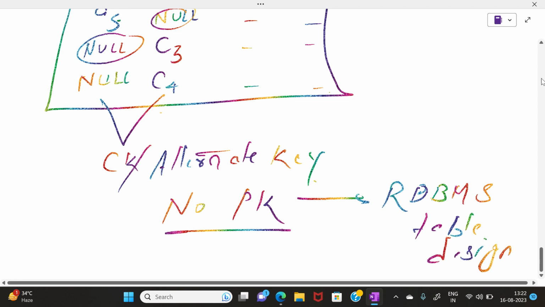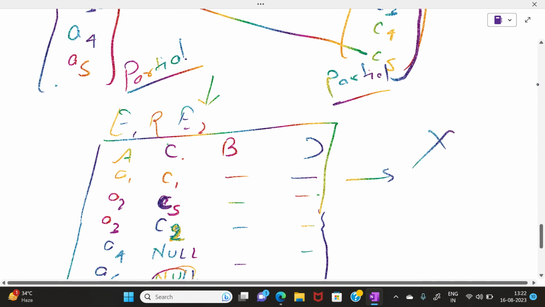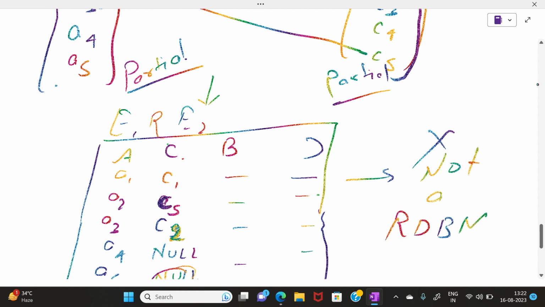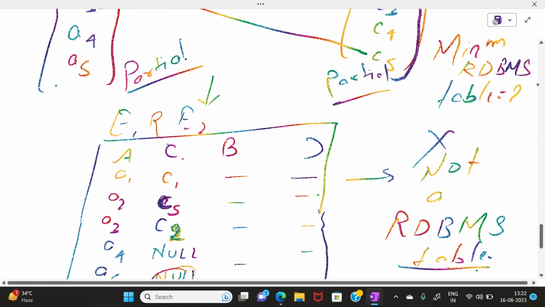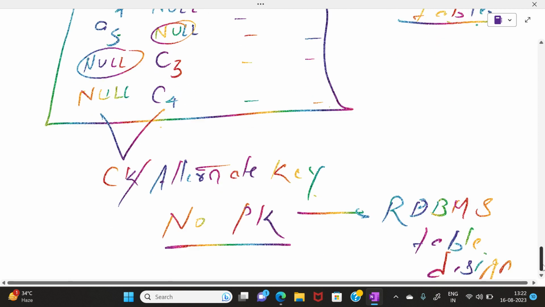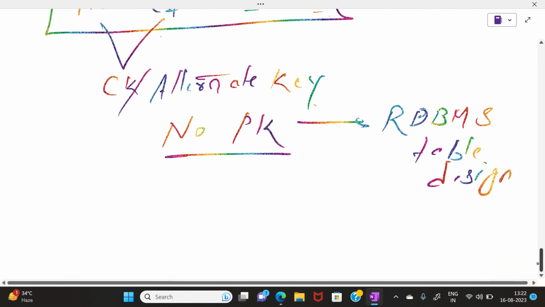Hence, this table is not a valid RDBMS table because we don't have the primary key here, right? So definitely the minimum RDBMS table count is equal to 2.